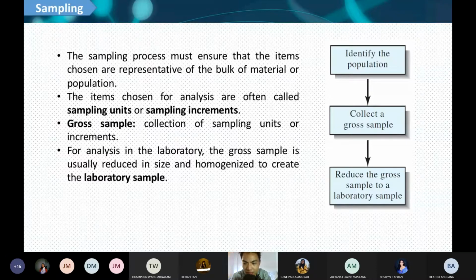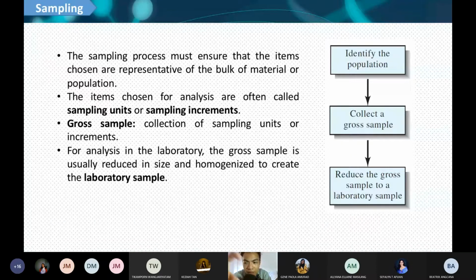Then later on, when we do chemical analysis in the laboratory, you're not going to analyze the entire 1 liter bottle. You are only analyzing just a few portion of that. I think 5 ml only.